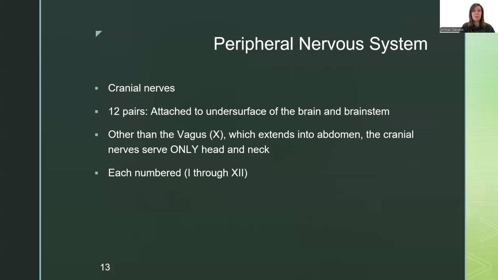The system includes your cranial and spinal nerves, and that connects the brain and the spinal cord to your peripheral structures such as your skin, the surface, skeletal muscles. And then in addition, any other structures in the autonomic nervous system, the ANS, which we're going to talk about in the next PowerPoint, are considered part of the PNS as well.